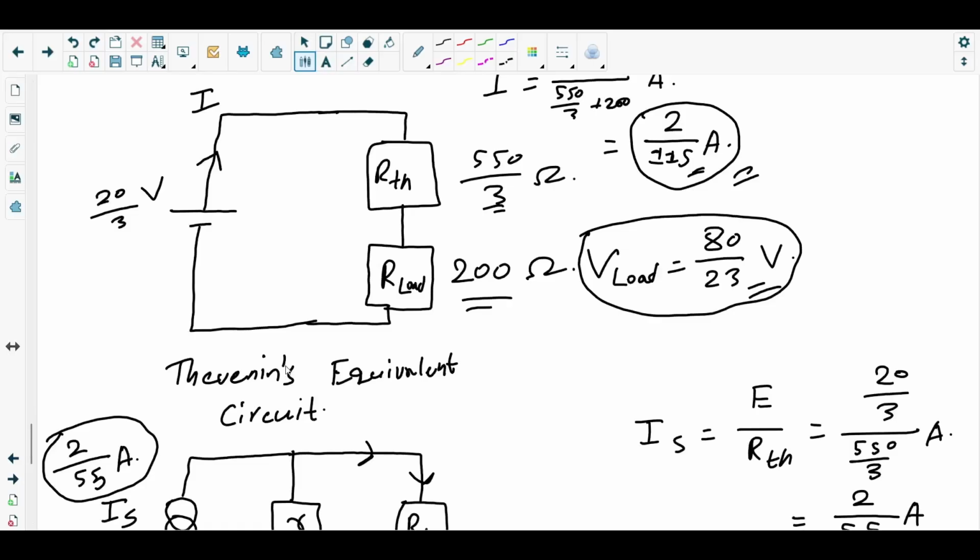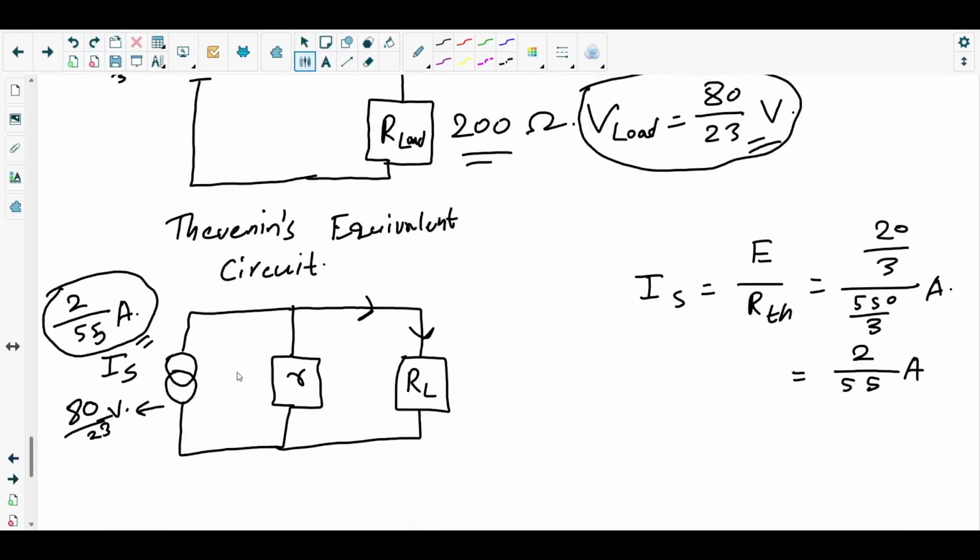2 over 115 is less than 2 over 55, because in the Norton circuit the current you get here is basically the total current that will flow through the Thevenin's resistance and the load resistor. So now you can easily find the current through the load resistor. I equals V over R. We know V is 80 over 23, and the resistance is 200.